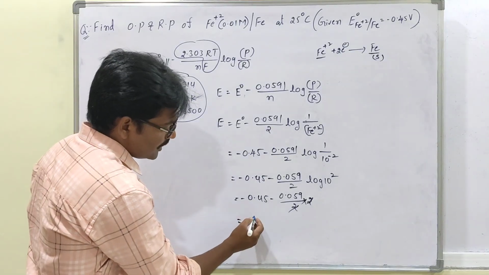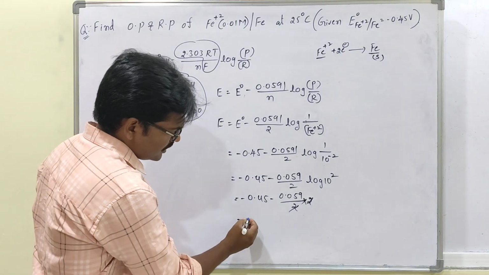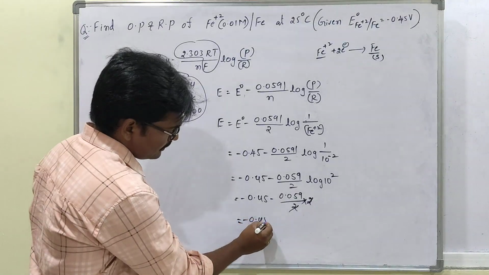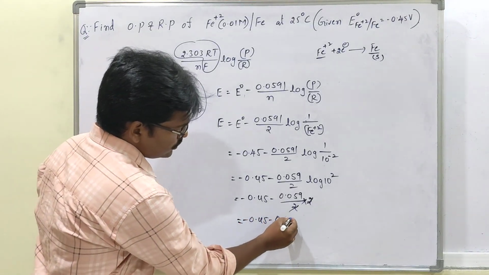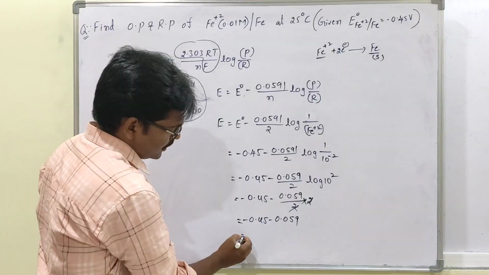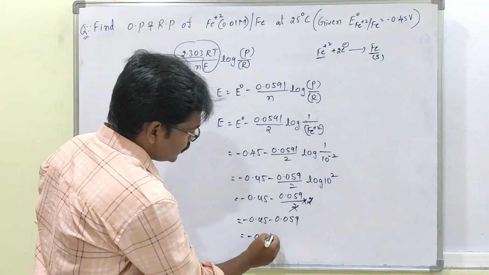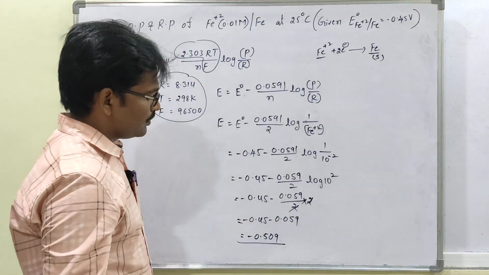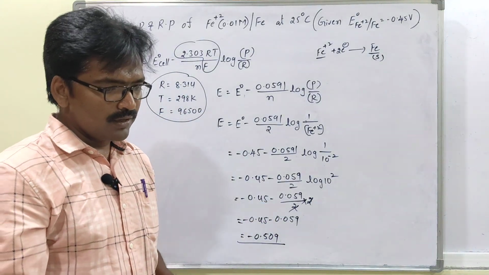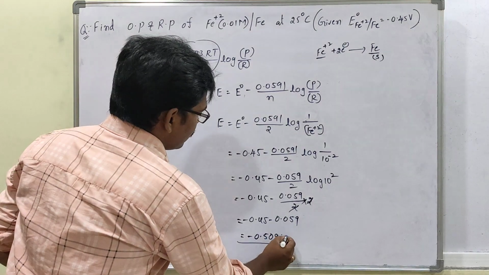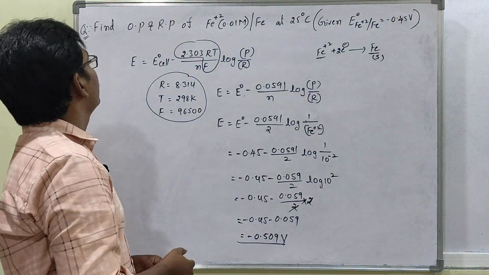So when it is added, minus 0.45 minus 0.059, you get minus 0.509. This is the answer for this, in volts. Okay, clear, all of you?